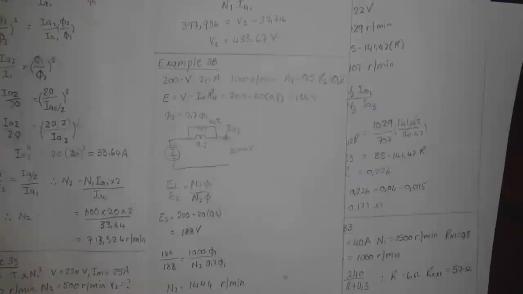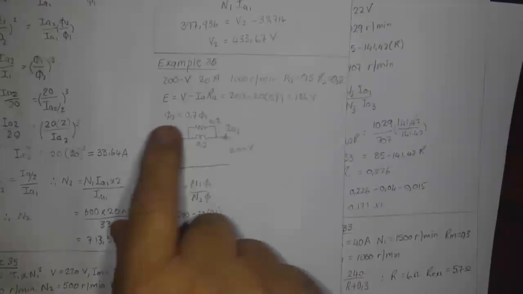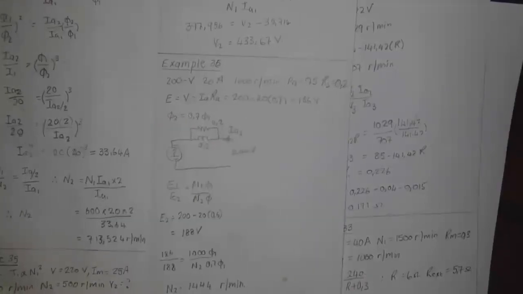They put a resistance of 0.2 ohms in parallel with the field, and they say at half of the field current, the flux is 70% of that of the flux 1. First step, always calculate E1, that is V minus IA RA. That is 200 minus 20 times 0.7, which is 186 volts.